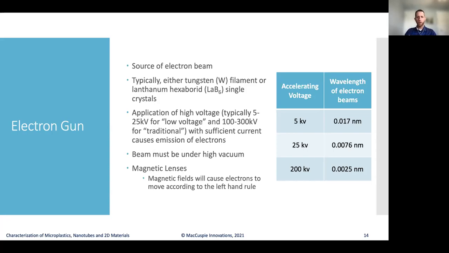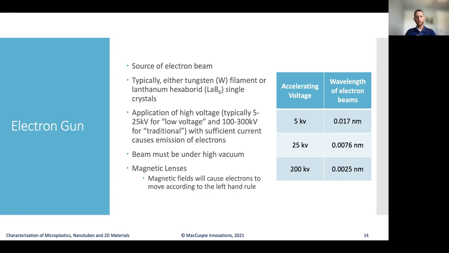And again, the beams need to be under high vacuum, because if the electrons do interact with any atoms or any molecules, they will scatter and not make it to the detector. For the visible equivalent, it would be like looking through a fog on a cloudy day and not being able to see very far down the beam path.